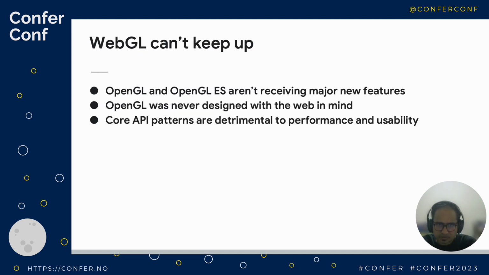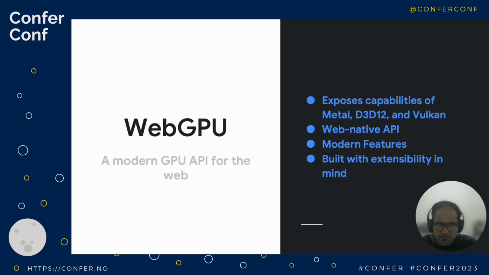Unfortunately, WebGL can't really keep up with these modern APIs. So while it served us well, the various browser vendors have recognized for a while that we'd need to move on to something new. And thus, we now have WebGPU, which takes the best parts of the modern native APIs and exposes them in a web-native, developer-friendly, high-performance way.